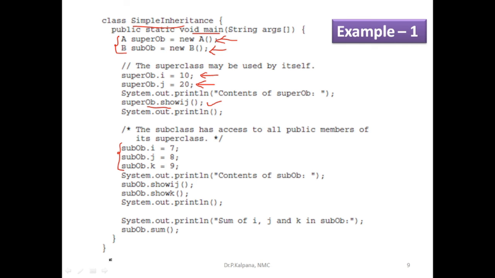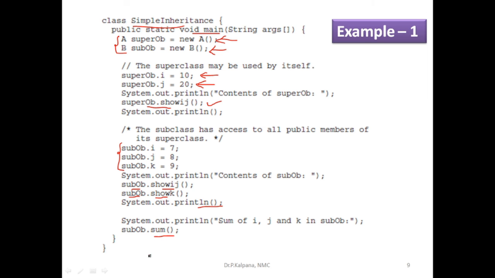Next, I am going to invoke the showij method using the subOb object and the showk method using the subOb object, and simply I am giving one println statement for formatting purposes. Then next I have invoked subOb.sum().